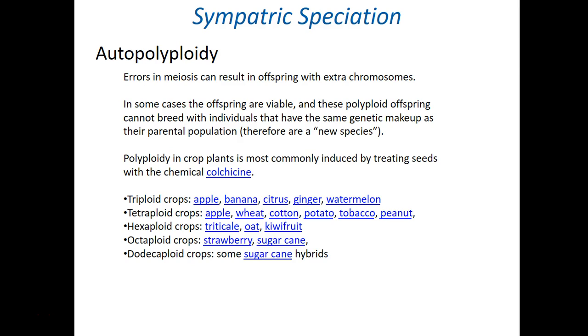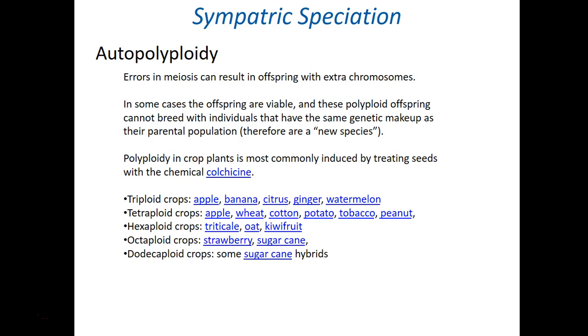And so you can create triploid crops, 3n, tetraploid, 4n, hexaploid, 6n, octoploid, 8n, etc. And many of your common fruits and vegetables, it's likely you've had an apple or a banana recently, maybe you're wearing cotton pants. These are all created by autopolyploidy. So in this case of autopolyploidy, you have extra copies of the genome, but all of the copies of the genome are coming from a single original species. That's auto. So it's to yourself you make polyploidy.